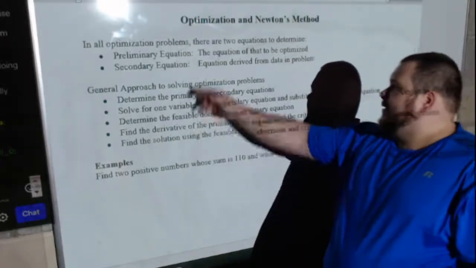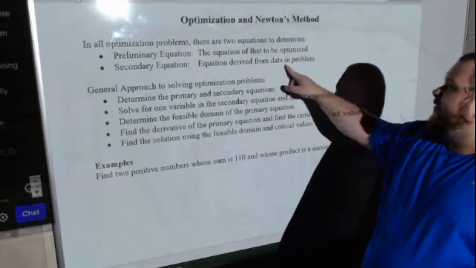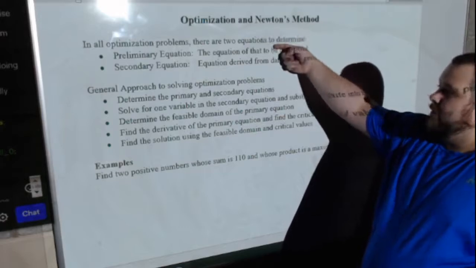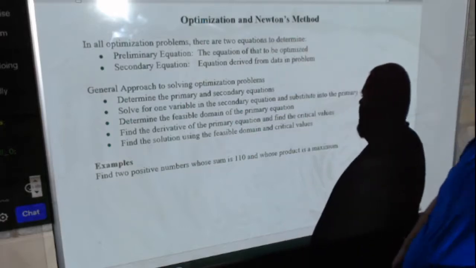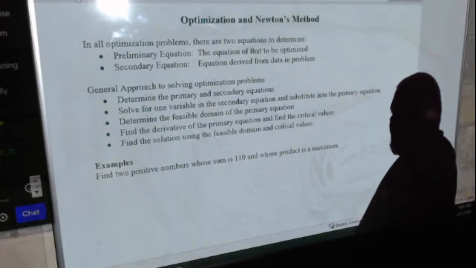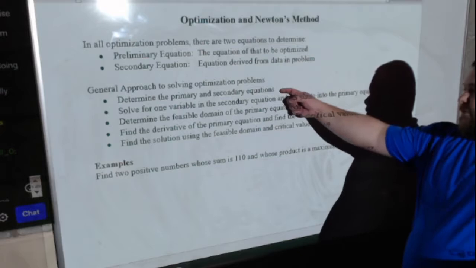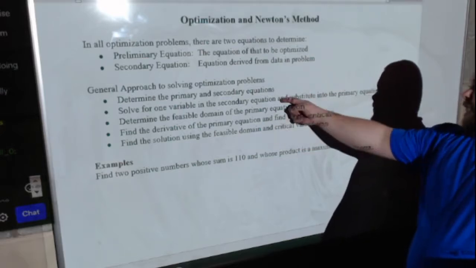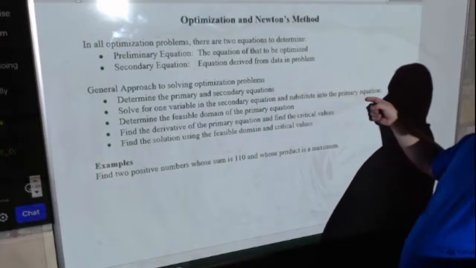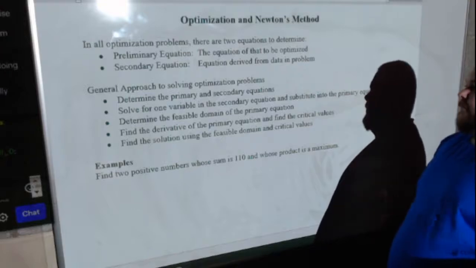And the secondary is just one that we create from the data given, and we're going to plug it into the preliminary. So there's just a bulleted list here. It says to find those equations first, solve for one of the variables in the secondary, and substitute into the primary or preliminary. I'll probably say primary more often.